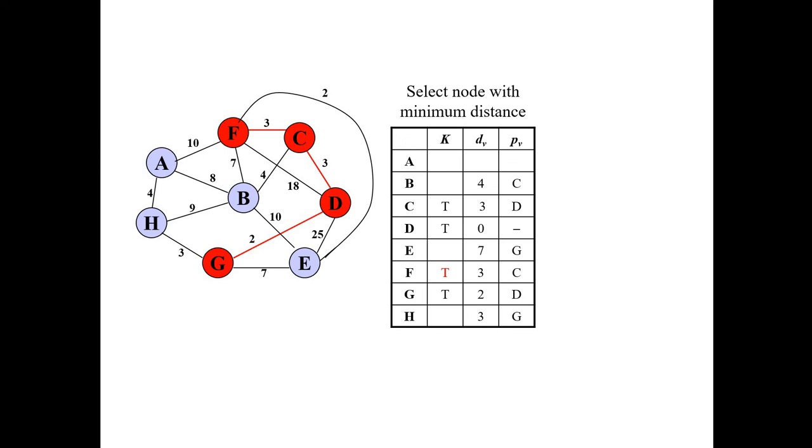We have to calculate the distance between F and C, because C is the node we have just visited. The distance between C and F is 3 now, so we have updated this.